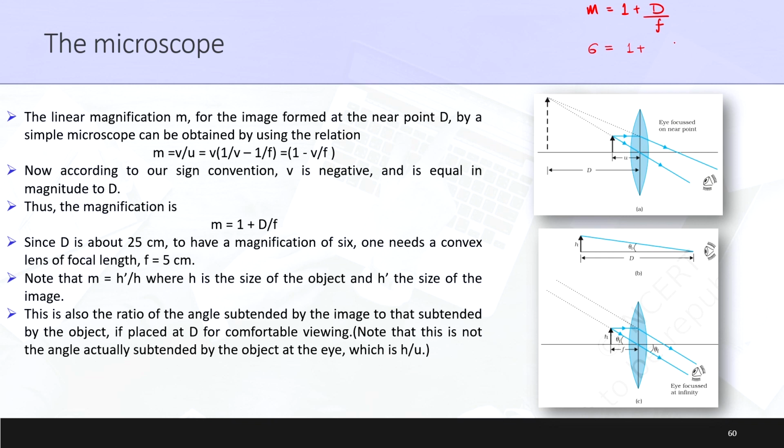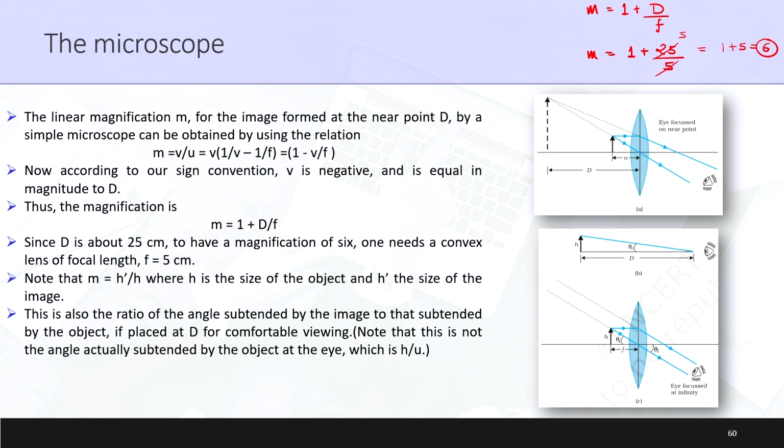Let us suppose we need to find the magnification if the image formed is at 25 centimeters and the focal length is 5 centimeters. The 5 gets cancelled and you get 1 plus 5, which is equal to 6. So, for D equal to 25 centimeters and focal length equal to 5 centimeters, the magnification is equal to 6.